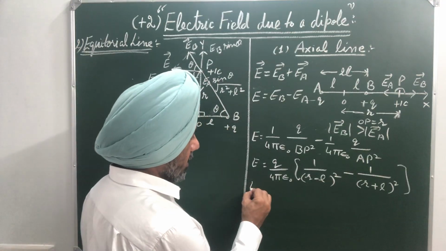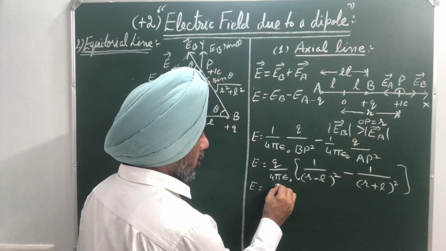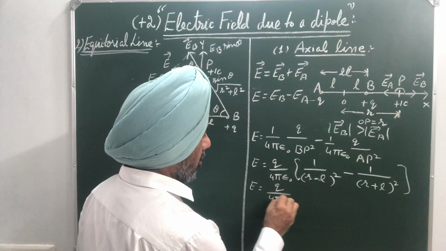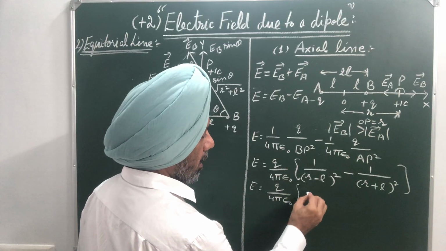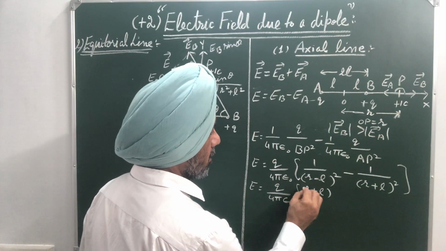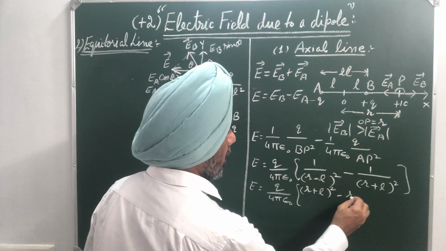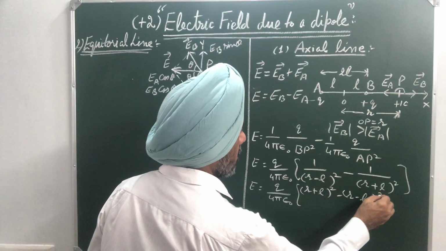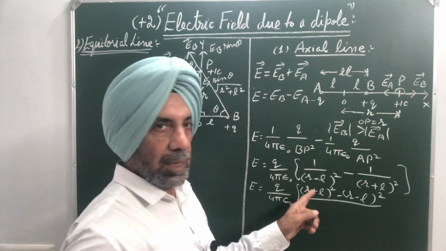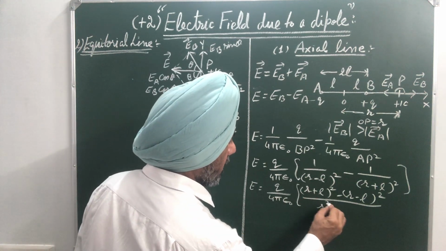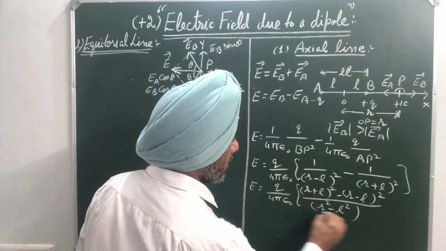Simplifying, we get E is equal to q upon 4 pi epsilon naught times [(R plus L) whole square minus (R minus L) whole square] over (R square minus L square) whole square.